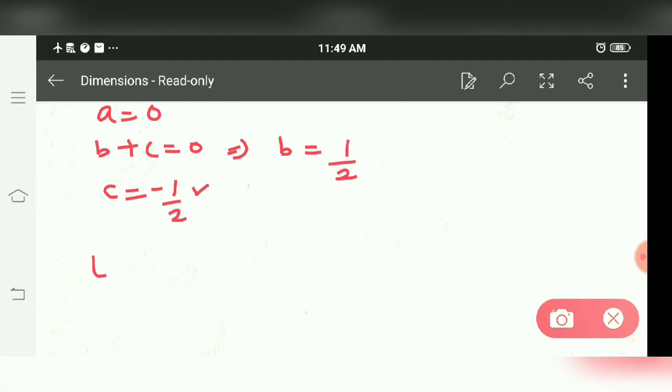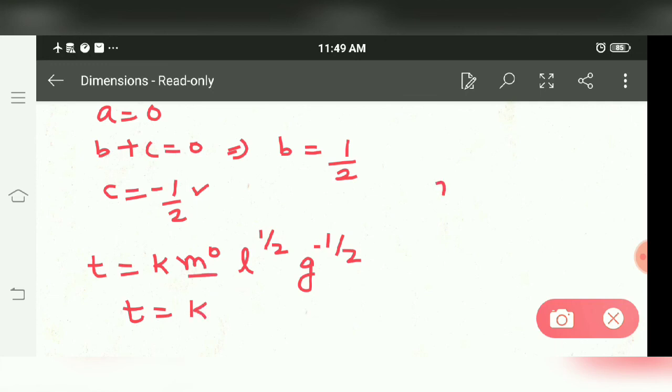So T is equal to k M raised to power 0, L raised to power b, b is 1 by 2, and g raised to power c, that is minus 1 by 2. So T equals k times M raised to power 0 is 1, something raised to power 0 is 1, L raised to power 1 by 2. Here g is raised to power minus 1 by 2; taking g in the denominator, its power will become positive.